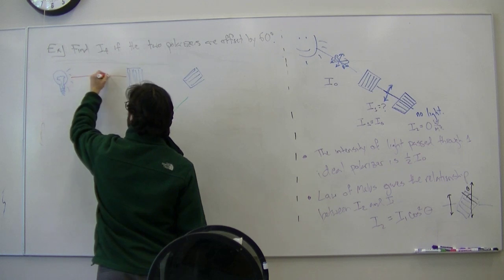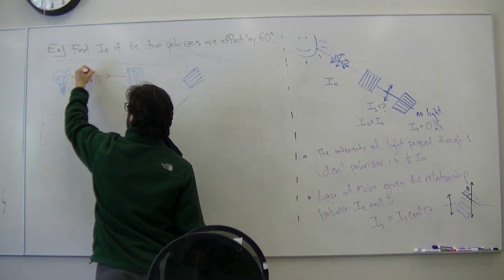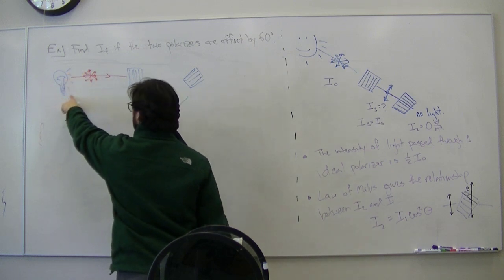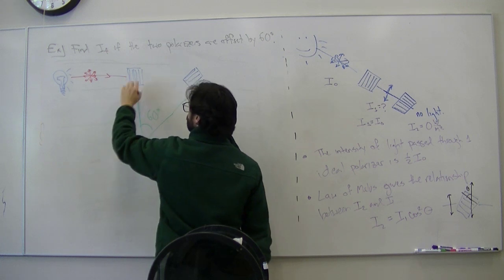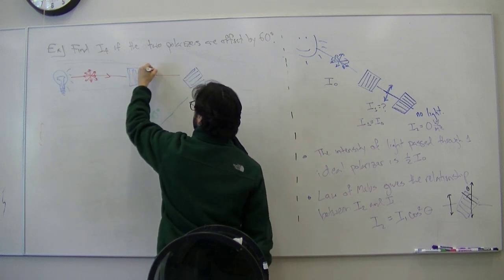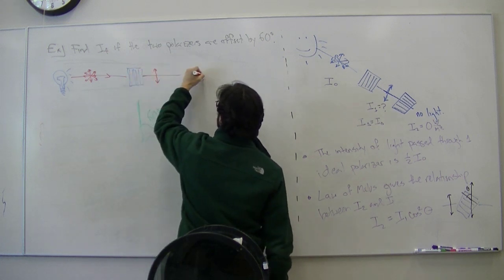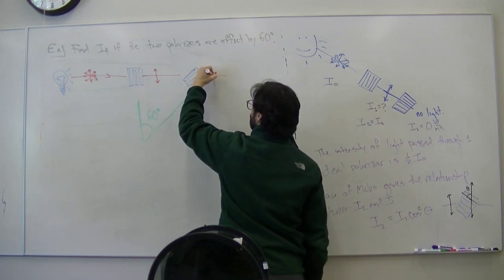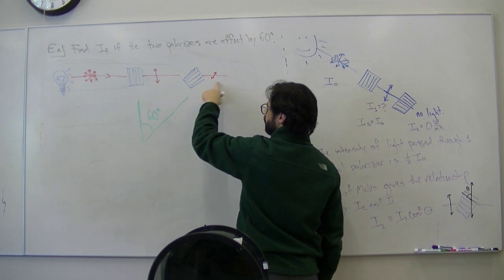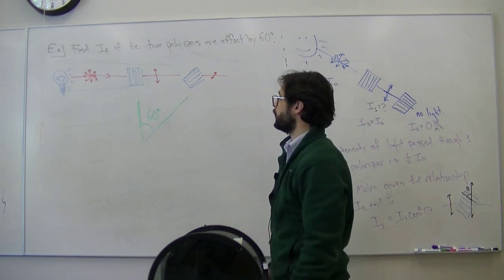So I've got light. I'll add the bristly icon to my ray to indicate this is unpolarized light. It's coming from a chaotic source like the sun. It passes through this, I get polarized light, and it passes through this. So this is important. I'm going to lose some intensity, and I'm going to end up with light that's polarized in the same direction.